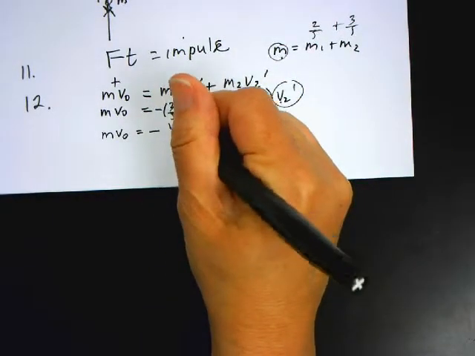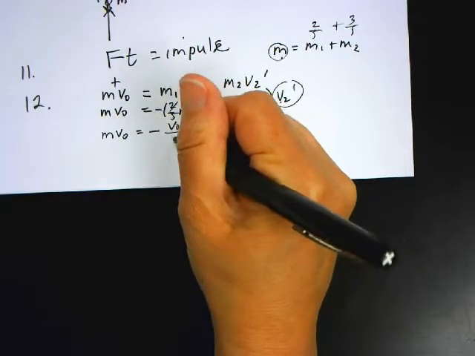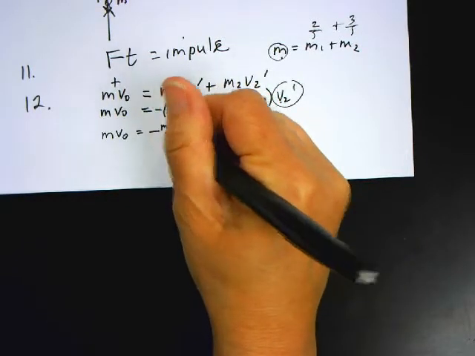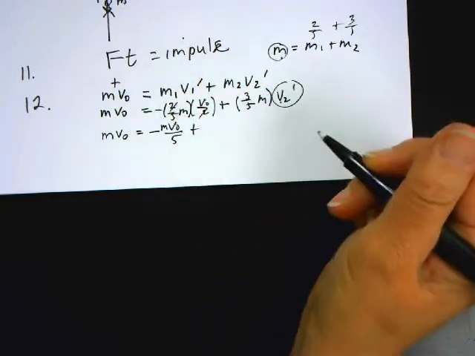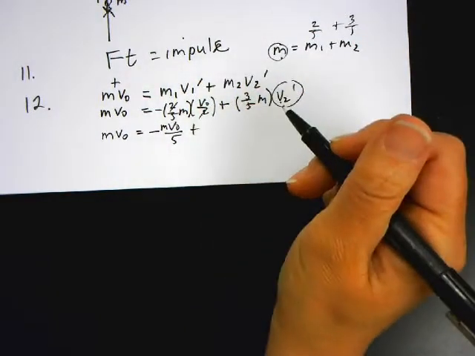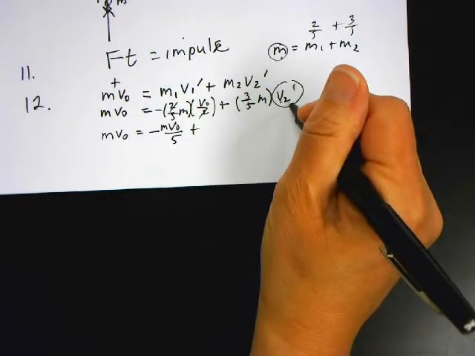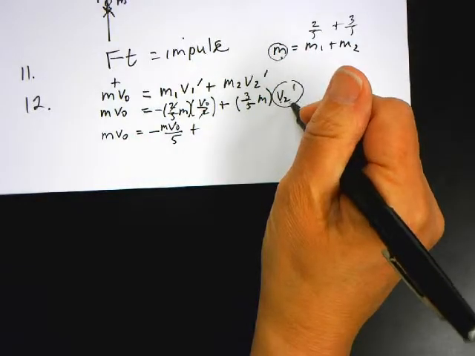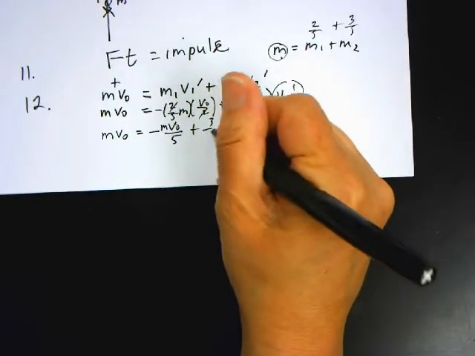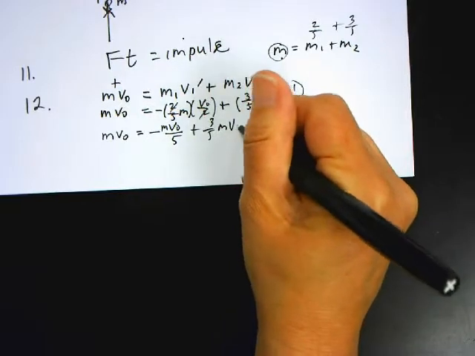So this is going to be m v naught over 5 plus 3/5 m v2 prime.